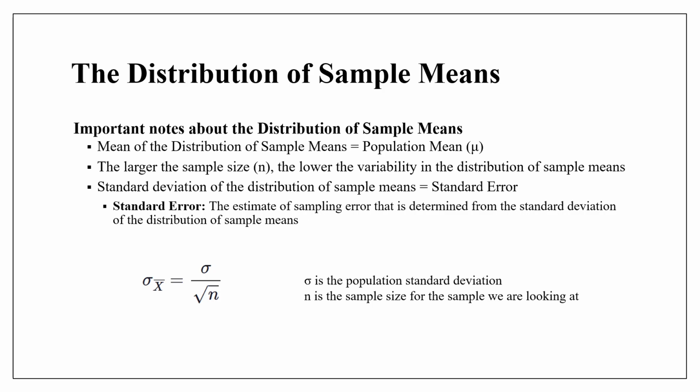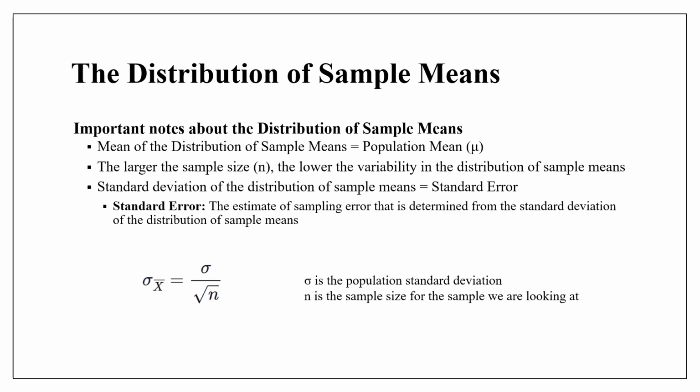The third thing is that the standard deviation of the distribution of sample means is going to equal the standard error. This is why in the previous slide, when I was showing you the formulas, we divide by the standard error. When it comes to the distribution of sample means, the standard deviation is actually going to be the standard error.